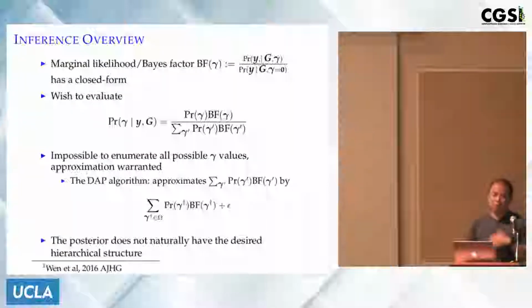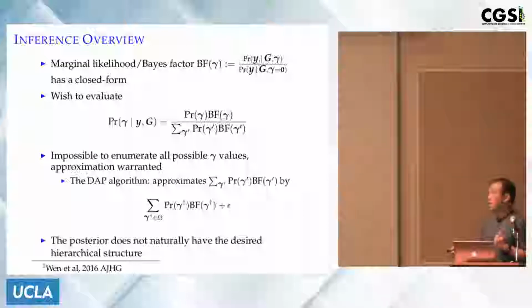If you want to do inference from this, the biggest hurdle is computation. Why? Because the so-called marginal likelihood or Bayes factor with respect to gamma is basically the ratio between a particular gamma and gamma equal to 0, where there is no SNP associated. This has a closed form, in quantitative traits at least, so you can do the analytic computation.